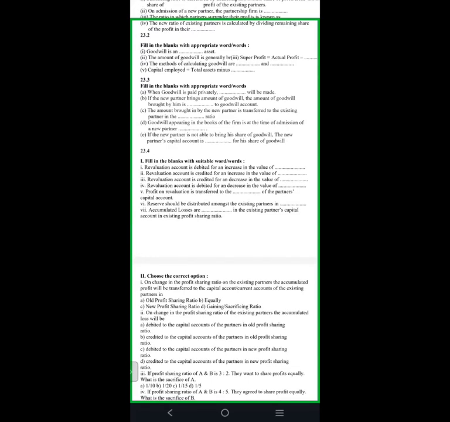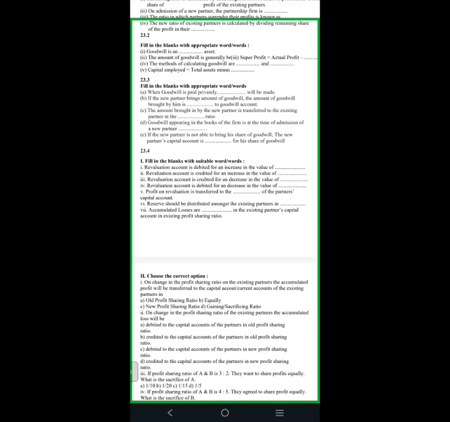Fill in the blanks with appropriate words. When goodwill is paid privately, no entry will be made. If new partner brings the amount of goodwill, the amount of goodwill brought by him is credited to goodwill account.